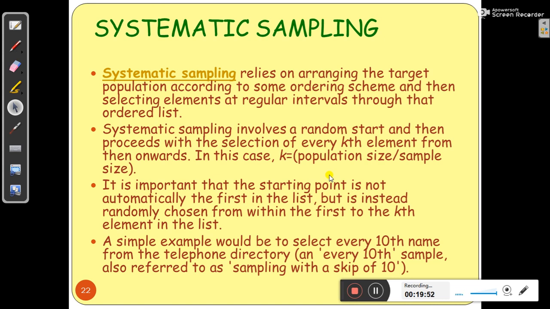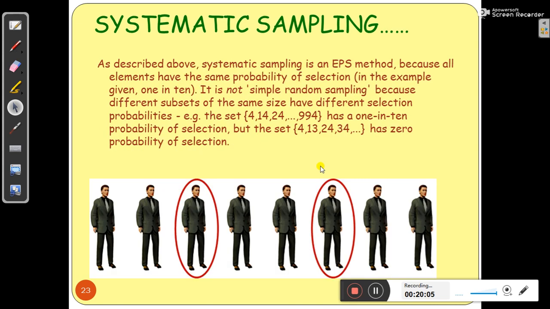In every interval we skip 10. So we can name it every 10th sample selection, or we can name it sampling with a skip of 10. So here you can see a simple example of the systematic sampling technique.